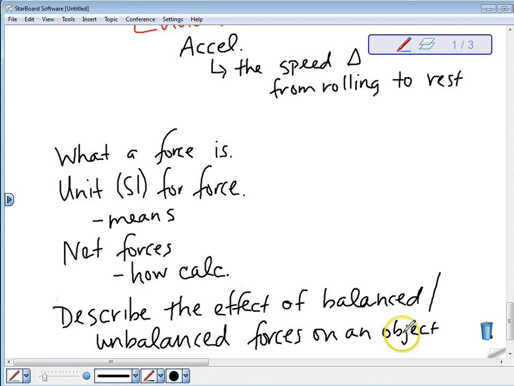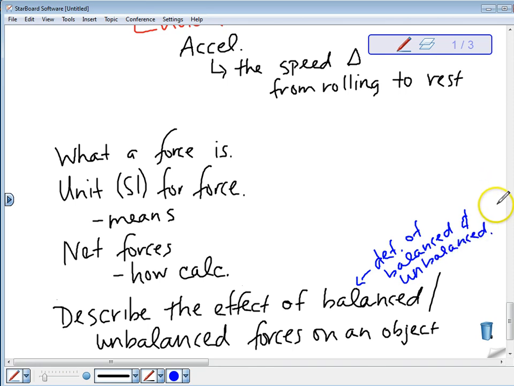In order to do that, that means you need to know the definition of balanced and unbalanced. Make sure you have this information in your notes.